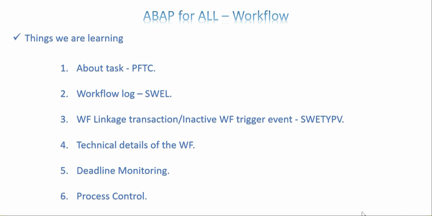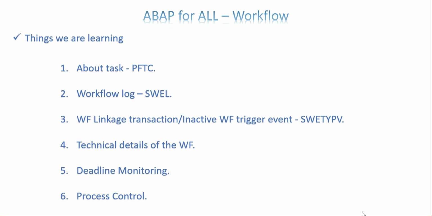And technical details of the workflow. For example, the user may ask, this is a workflow, can you check why it is not working, or this is a change, are you able to make it? So we need to understand the execution of the workflow and the technical details. As a technical person, we need the workflow name, which starts with WF, or we need to know which task is generating this process.